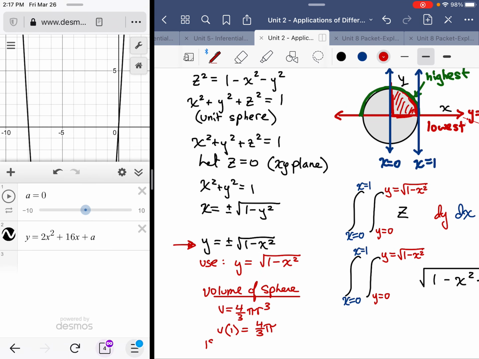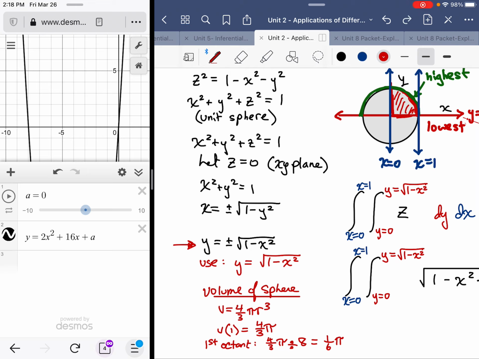So the first octant would just be 4/3 pi divided by 8. 4/3 times 1 over 8, so the 4/8 becomes 1/2, so it would be 1 over 6 pi. So 1 over 6 pi would be the volume.